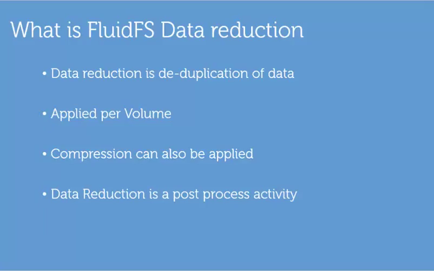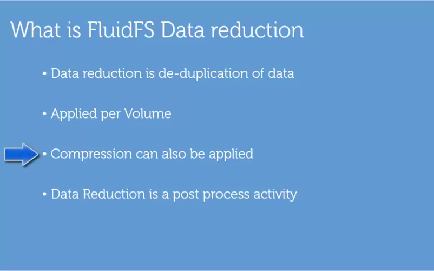Data reduction will apply only to files that have not been accessed or modified in the last 5 to 365 days. The minimum file size eligible for data reduction is 64K. Files smaller than this are skipped.